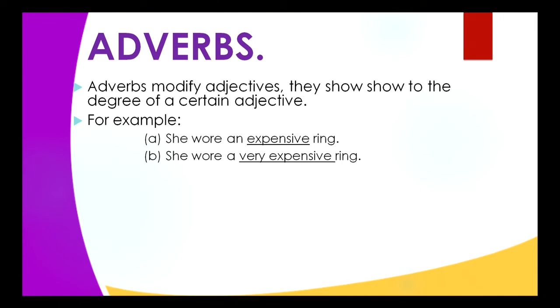In that case, we use an adverb. In B, she wore a very expensive ring. So the word very has been used to show us the extent of the expense of this ring. So we are saying it is an adverb.